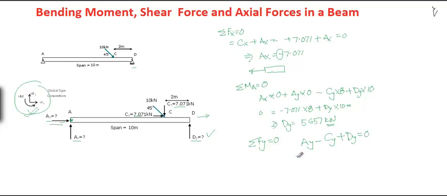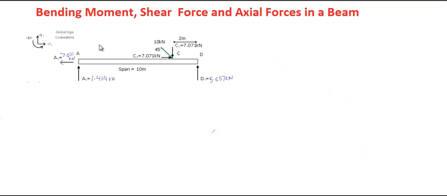Substituting the values, we get Ay minus 7.071 kilonewton plus Dy equals 0. So substitute Dy equals 5.657, which eventually gives Ay equals 1.414 kilonewton.